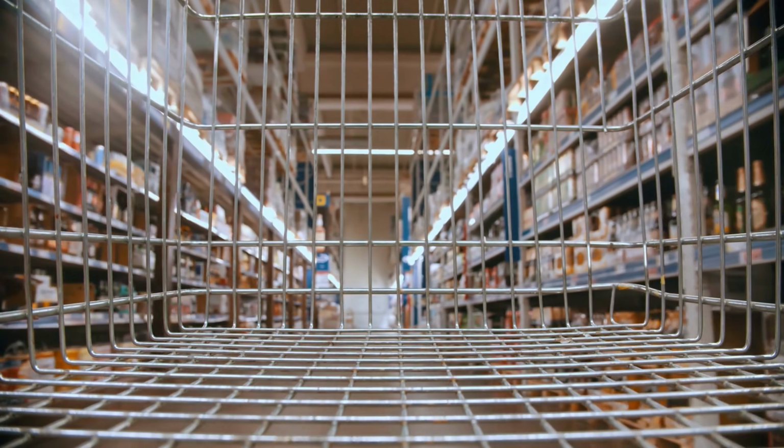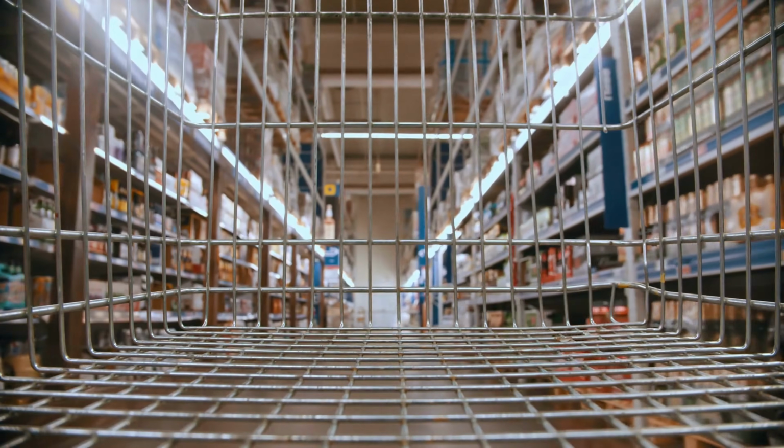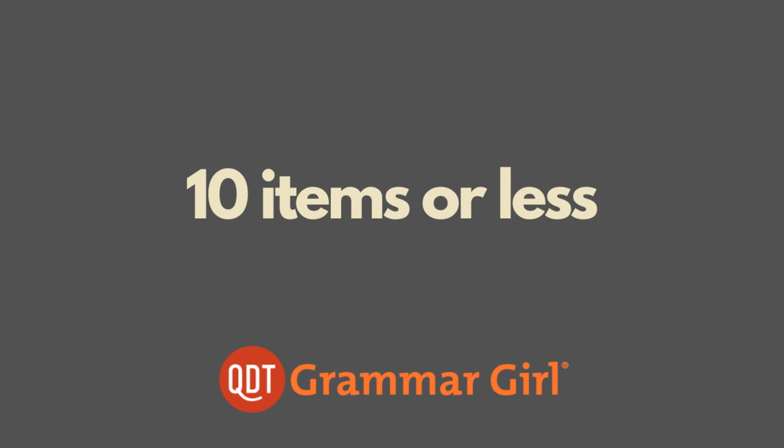Now, I know some of you are also wondering about those ubiquitous grocery store signs that read "10 items or less." Well, they aren't the clear-cut abomination that many people believe them to be.